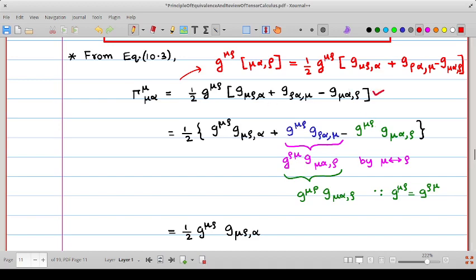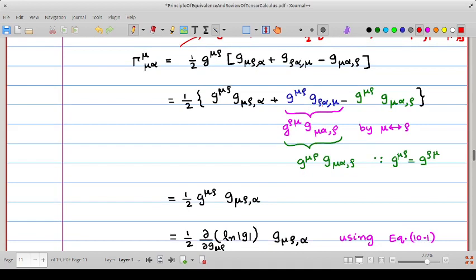And that is what I have written here. Now I can take this quantity inside the brackets. So we will get half times g^{μρ} g_{μρ,α}. Then in the second term, g^{μρ} g_{ρα,μ}, minus g^{μρ} g_{μα,ρ}.